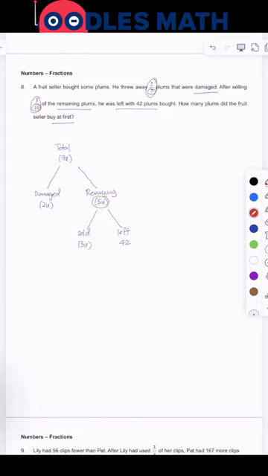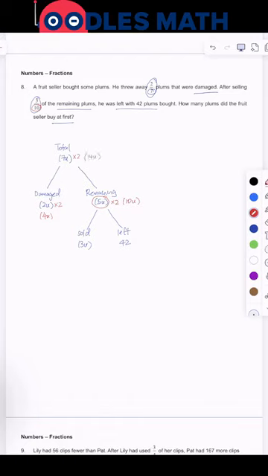So in order to do that, I will multiply by 2 for the remaining units. That gives me 10 units here. So when I do this, I will do it the same for all to make it equivalent. So I will multiply by 2 for this, the damaged part as well. So that will give me 4 units. And I will multiply by 2 for the total. That will give me 14 units.